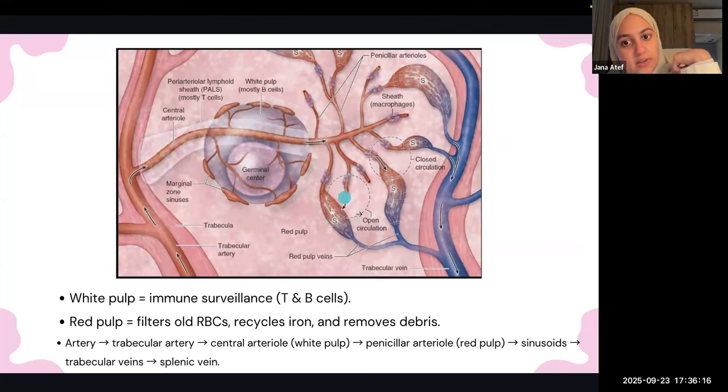The open circulation is when it leaves and diffuses into the sinusoid, and there's a stave cell in between. So either the penicillar artery ends into a sinusoid, or it ends into an open space and just diffuses inside.